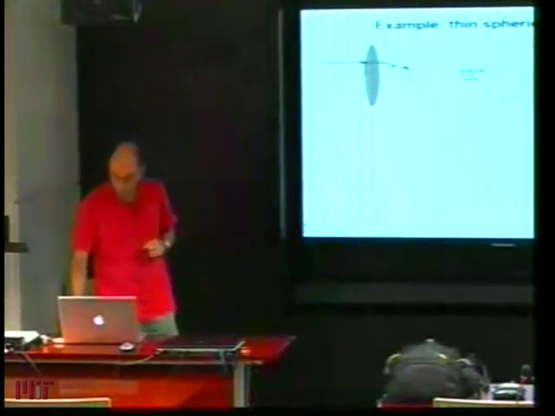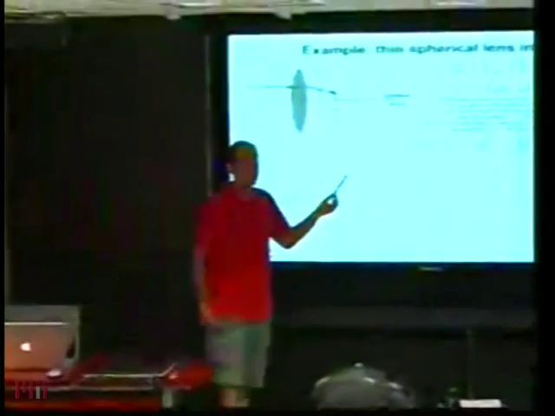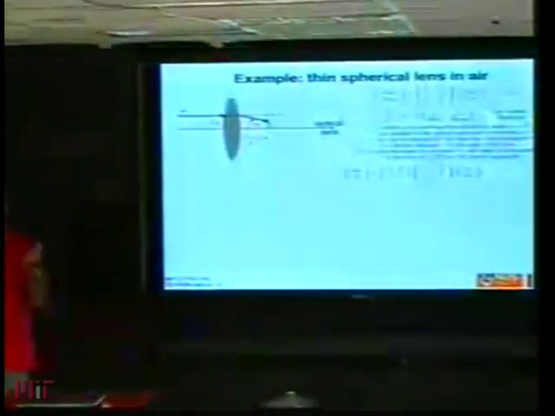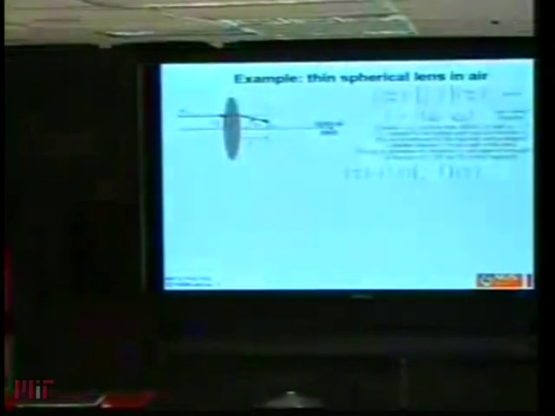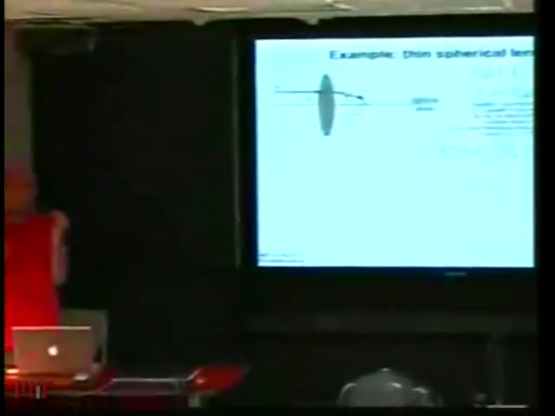And we've seen this matrix of propagation through free space. It is simply 1, 0 in the first row, and then the distance and 1 in the second row. And it's actually, if you look back at your equation, it is distance divided by the index of refraction. But again, because we're propagating in air here, the index of refraction is 1. So we don't have to worry about this at the moment.